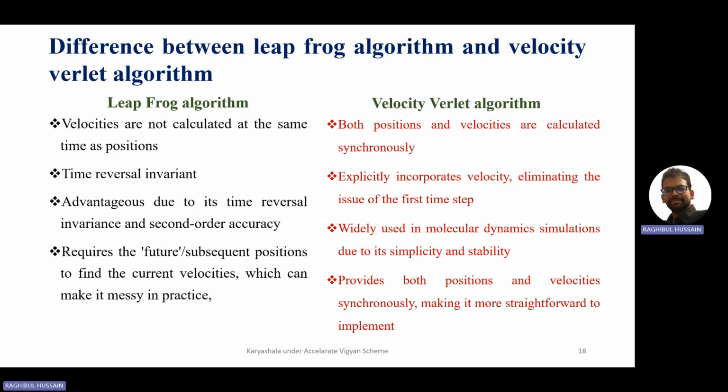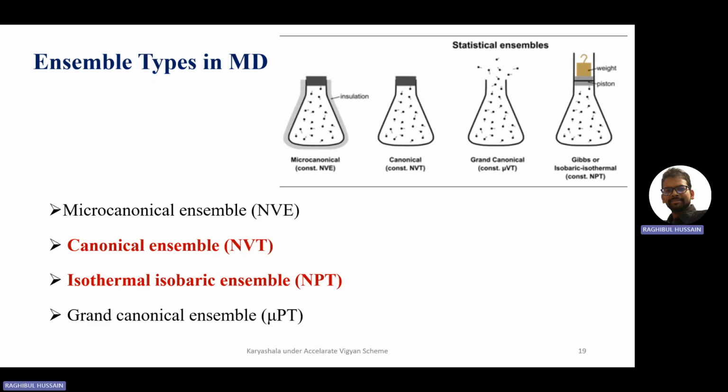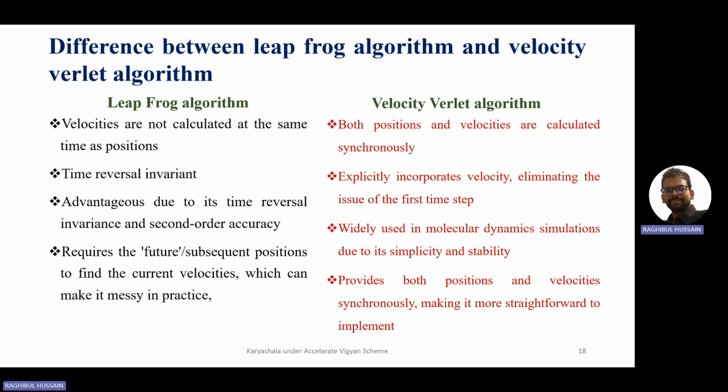Okay, for the leapfrog, it requires the future or subsequent position to find the current velocity. Sometimes it becomes difficult when the systems are not exactly at the grid points. Okay, time invariance.